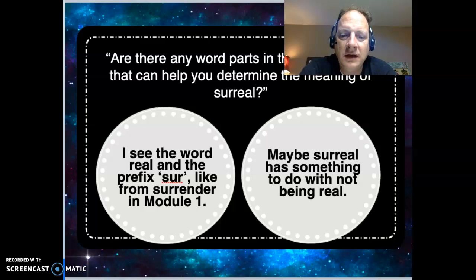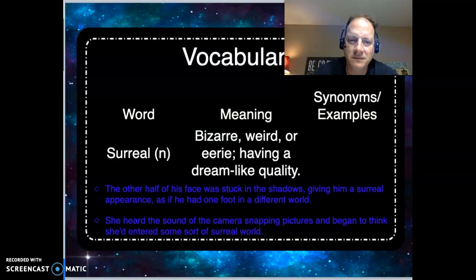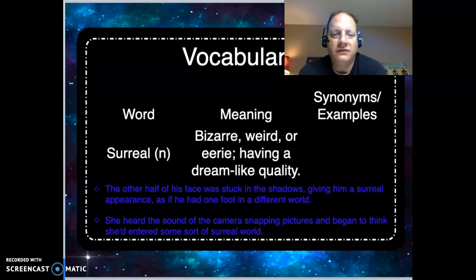So maybe surreal has something to do with not being real. Let's look at our definition. Surreal is a noun. The meaning is bizarre, weird, or eerie, having a dreamlike quality.